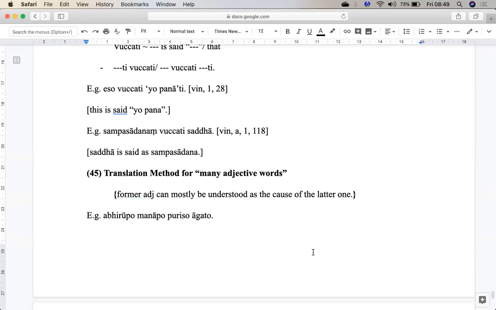So in the examples, one noun has more than one adjective modifier. At that time, the former adjective can be understood as the cause of, or the reason for, the later adjectives instead of just translating. So here, abirubo means beautiful or smart.